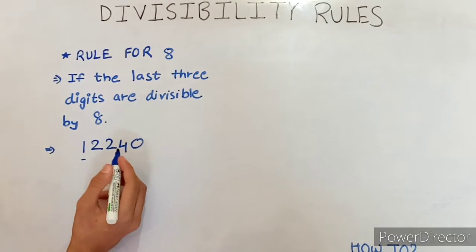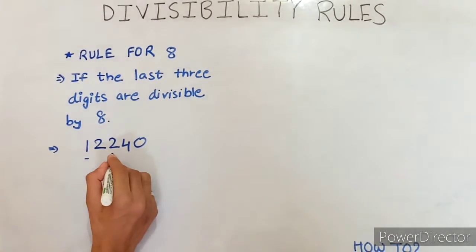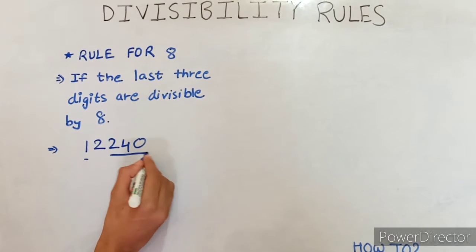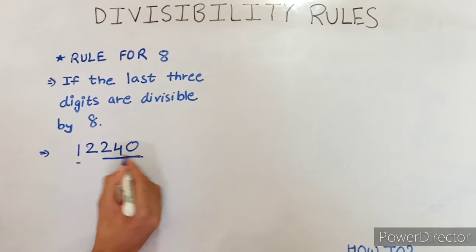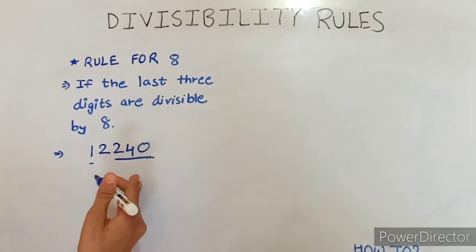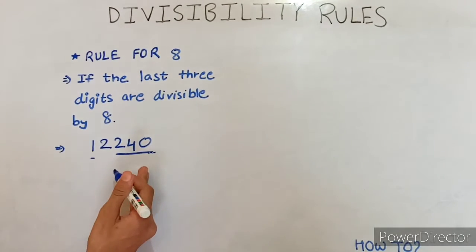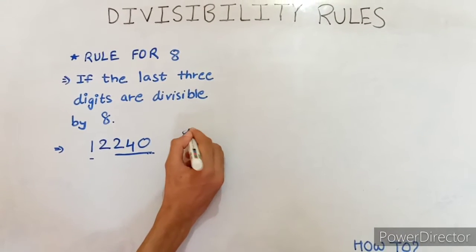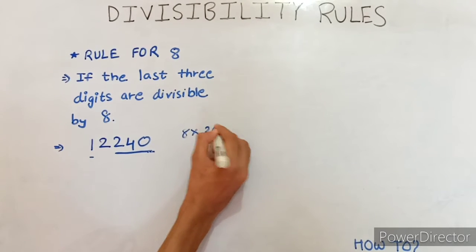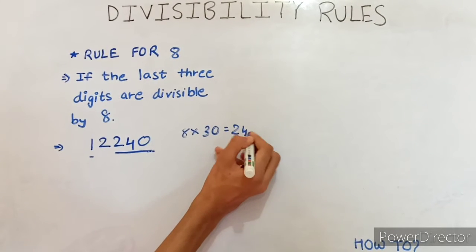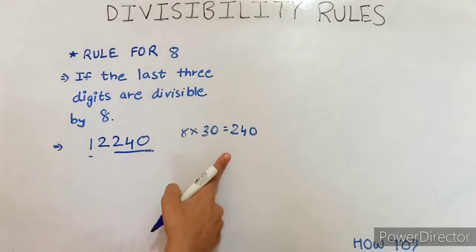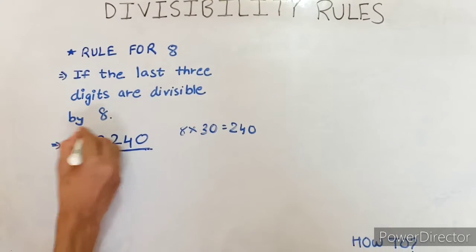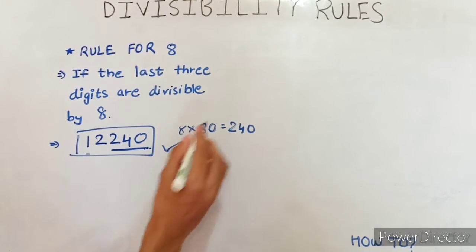Now we have to see the last three digits. The last three digits are 240, and we know that 240 is divisible by 8, as 8 into 30 is 240. So 240 is divisible by 8, hence the whole number is divisible by 8.